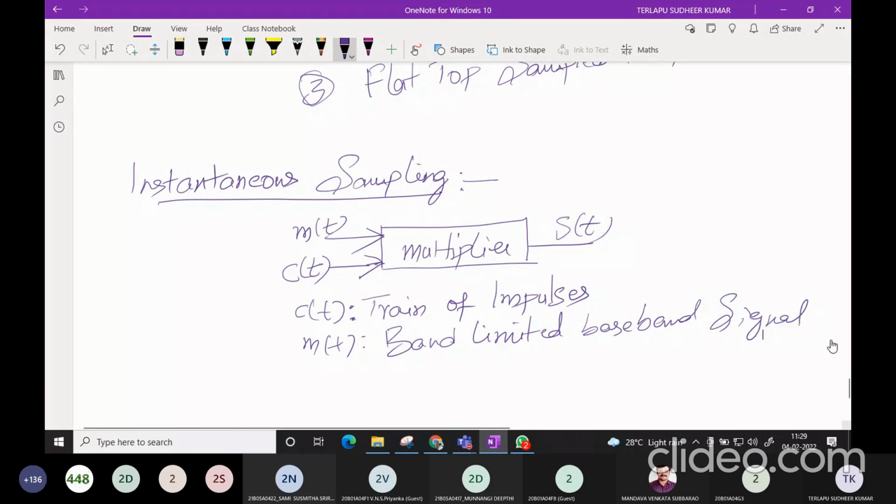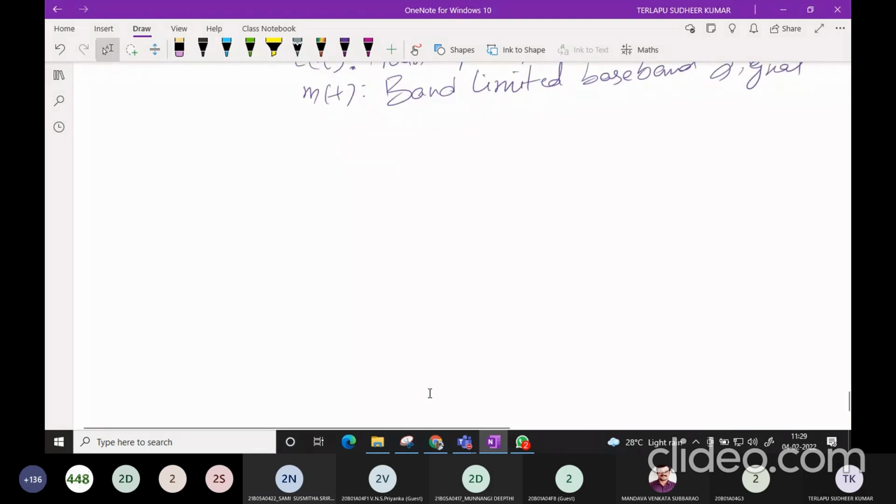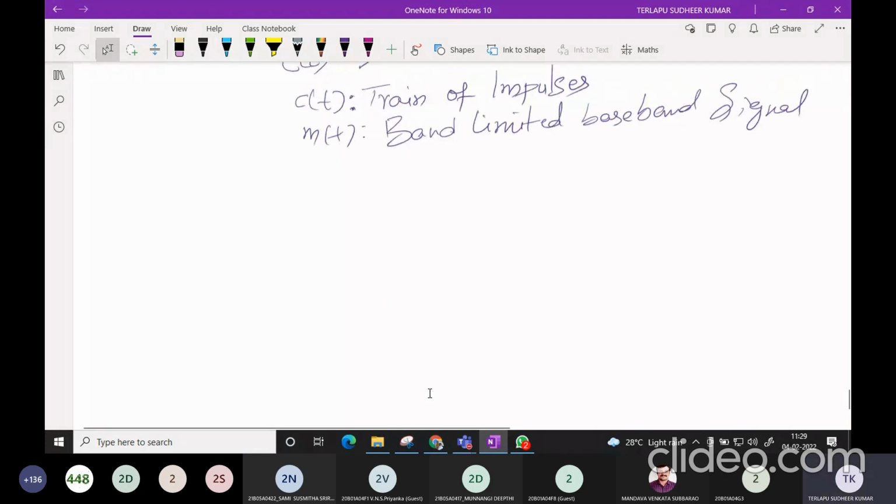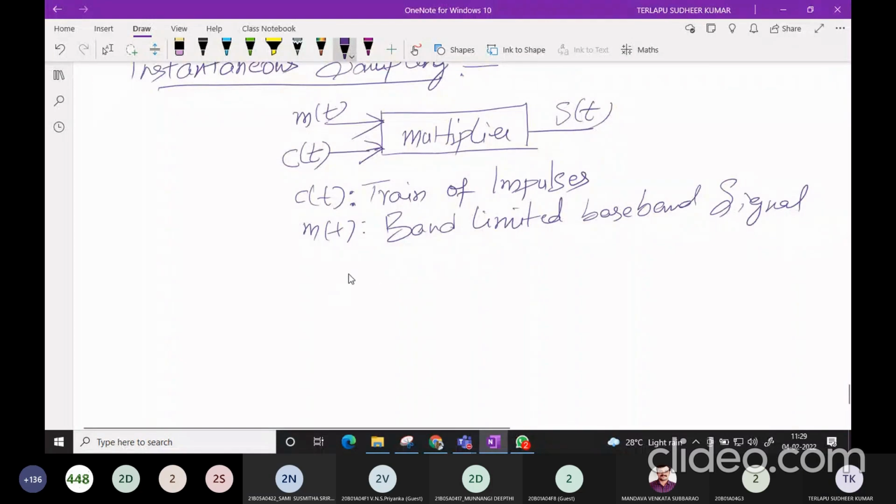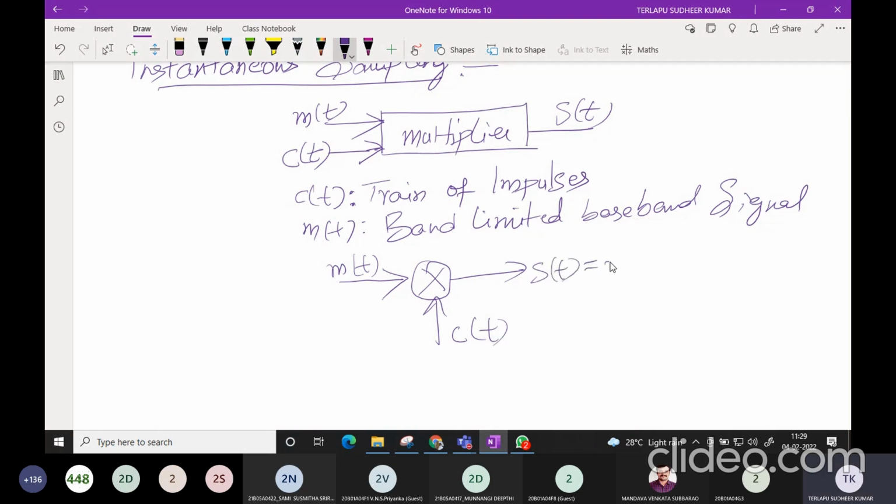So I have M of t as the input, which is being multiplied with my impulse train C of t, and my S of t is simply the product of M of t and C of t.